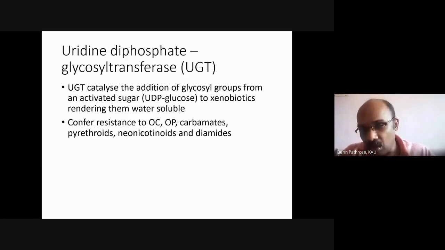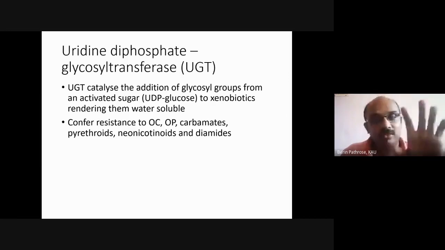Now a large number of papers are coming up where this enzyme is attributed for resistance to most of the new molecules.